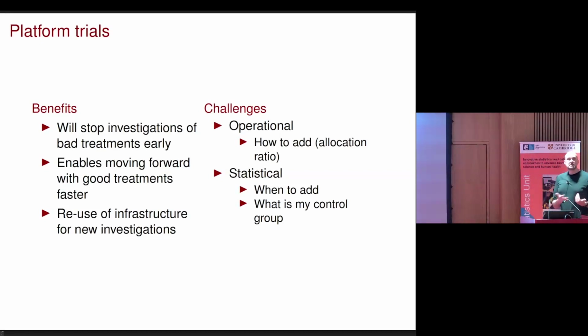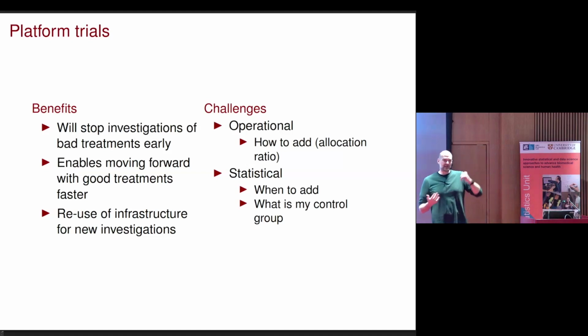Similarly and related, additional statistical questions include, when should I add? Because obviously if I have too many treatments in my study, I'm not going to answer any of my questions. So when is it sensible for a new treatment to be added to the study? What should my control group be? Easy at the beginning, right?